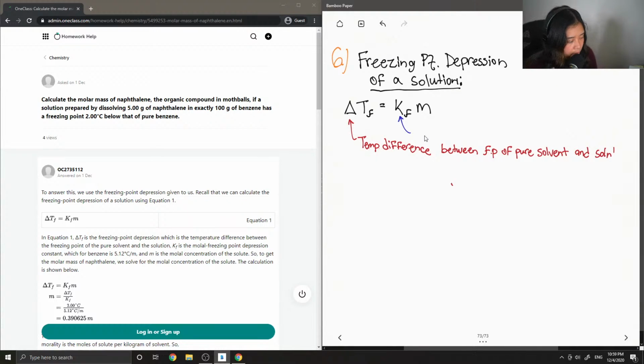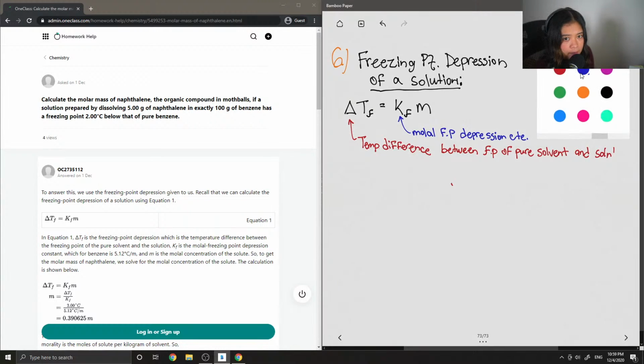Kf is the molar freezing point depression constant. And then m, lowercase m, is the molality concentration of the solute.